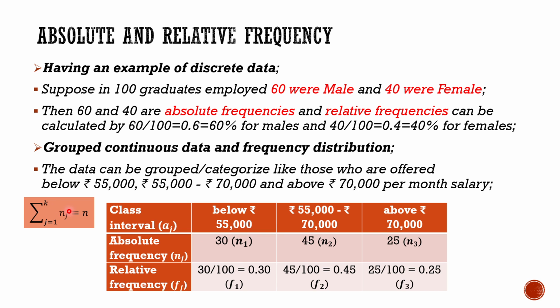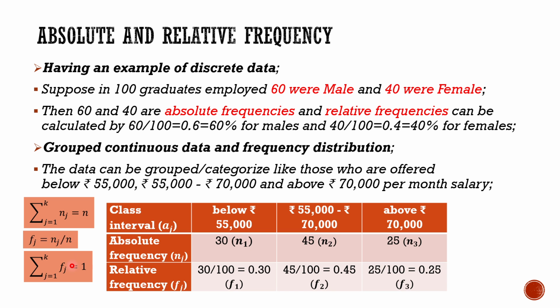This is the formula for that. You have to sum the different nj's, and the value of j can go up to k, or however many class intervals there are. Then for calculating relative frequency, you divide nj, or a particular absolute frequency, by the total sample.